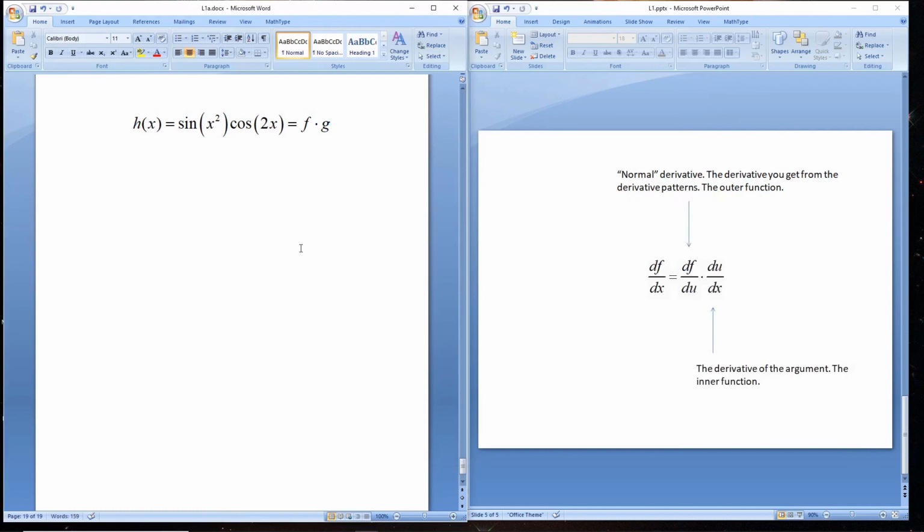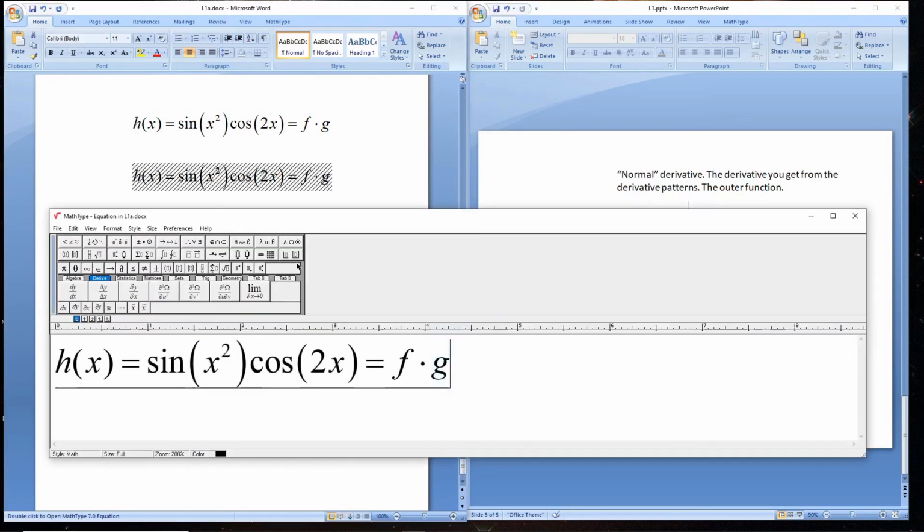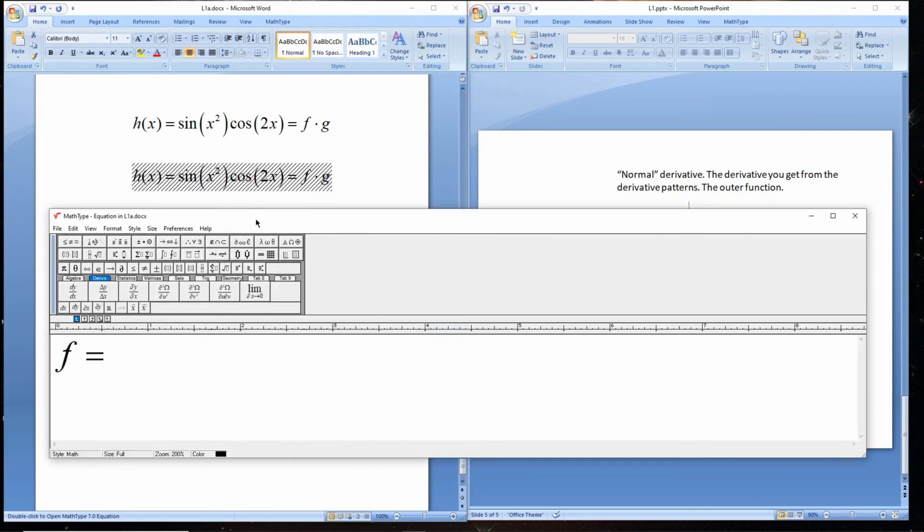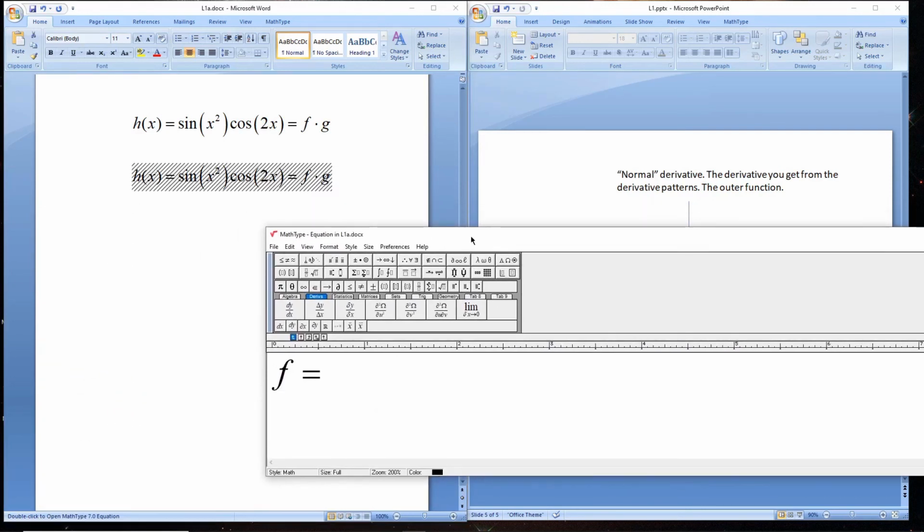And so once we identify it's a chain rule, a product, we then specifically define what f and g are. So we're saying f is sine of x squared, and we're saying g is cosine of 2x.